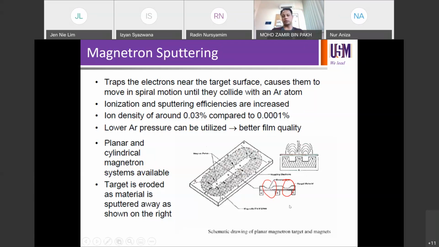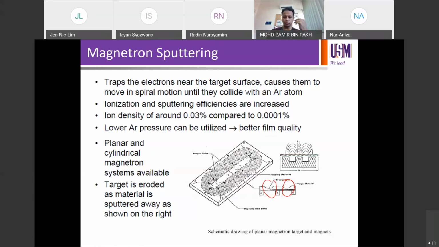So you're going to see more atoms being sputtered off the target material. So it wears there, like when you drive a car, the tire tread wears on one side, stuff like that. So pretty much like that.